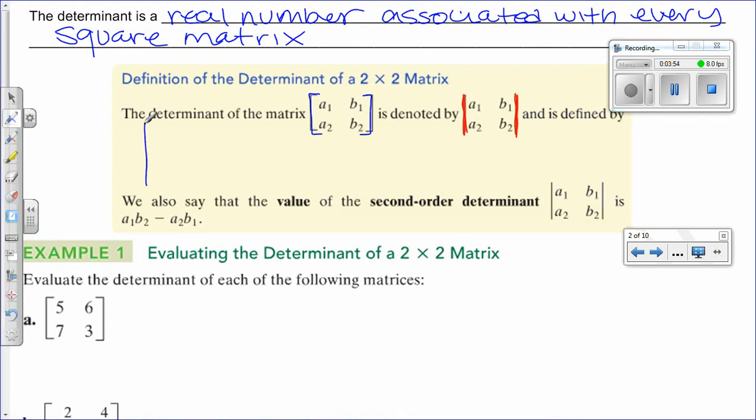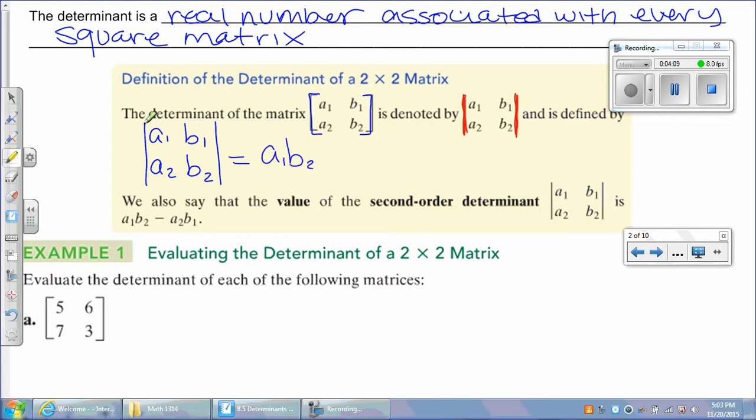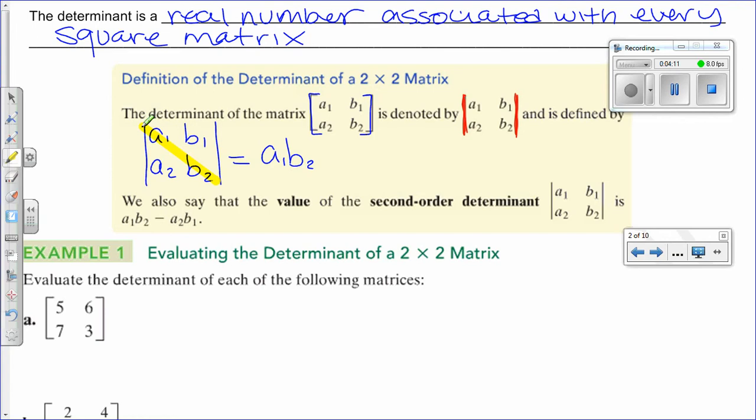The determinant of the matrix with the entries A1, A2, B1, B2 is equal to the product of A1 times B2, minus the product of A2 times B1.